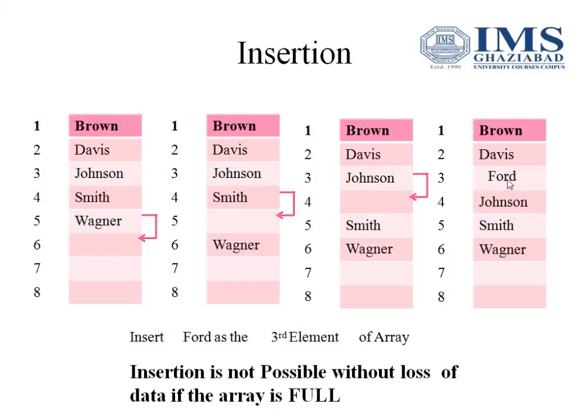Now we can insert Ford here, since in this array we have space available; the array was not full. But if the array was full, it would not be possible to insert Ford without the loss of data. So insertion is not possible without loss of data if the array is full.